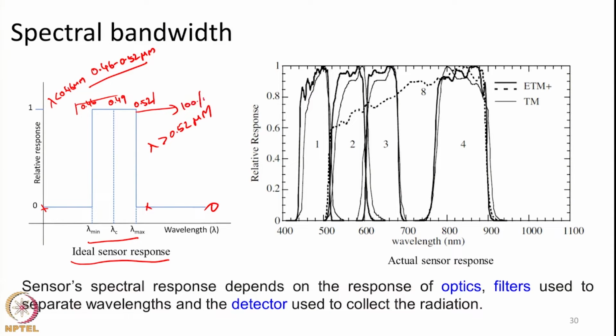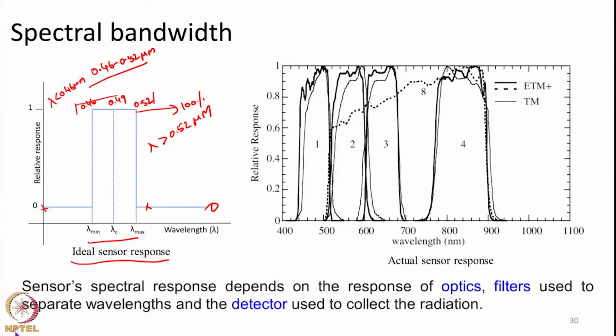The sensor should collect all the energy coming within that particular band and should filter out all the energy coming outside the band. This is how an ideal sensor should work, or in theory this is the concept. Outside this bandwidth the output of a sensor is 0. Within the bandwidth the sensor should work with 100% efficiency.